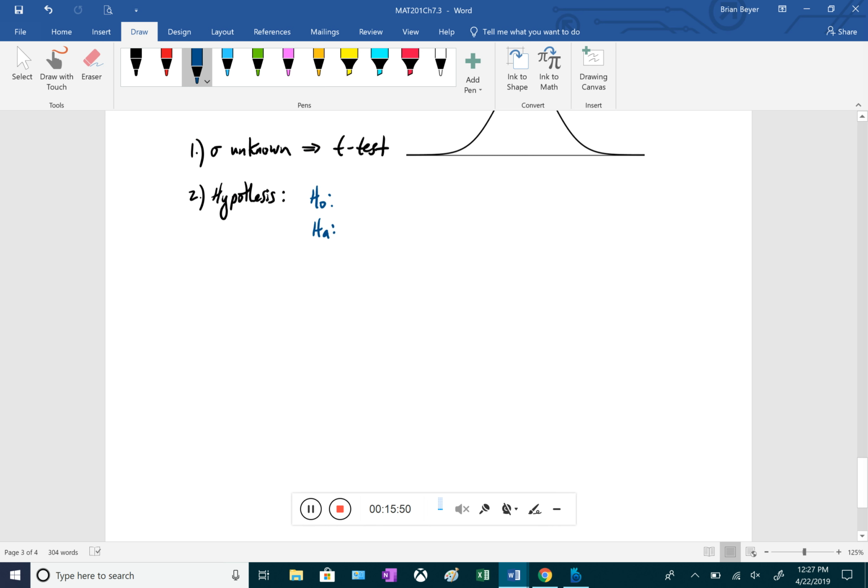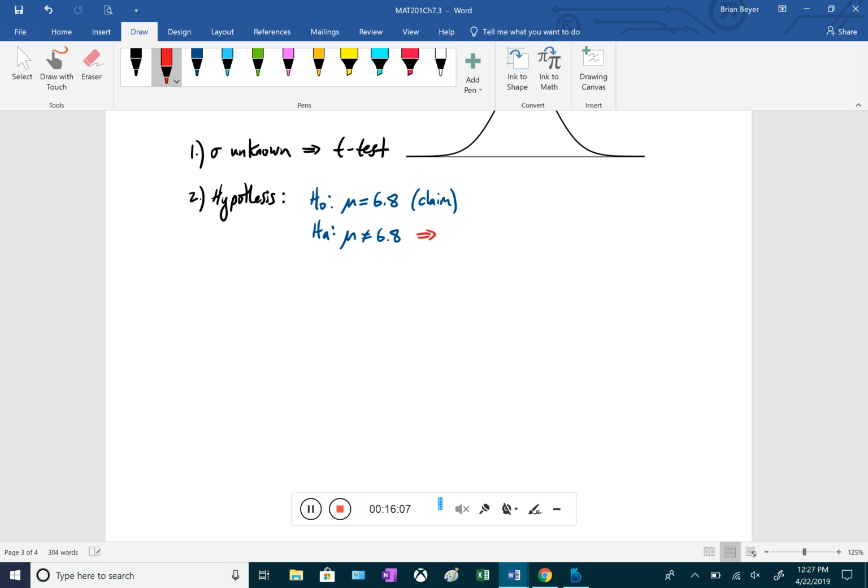Since there is equality, that has to be the null. So the null is the claim this time. And if that's the null, then that means the alternative is not equal to 6.8. Okay, and then we can determine what kind of test we're doing. Since it's not equal to for the alternative, it is going to be a two-tailed test.